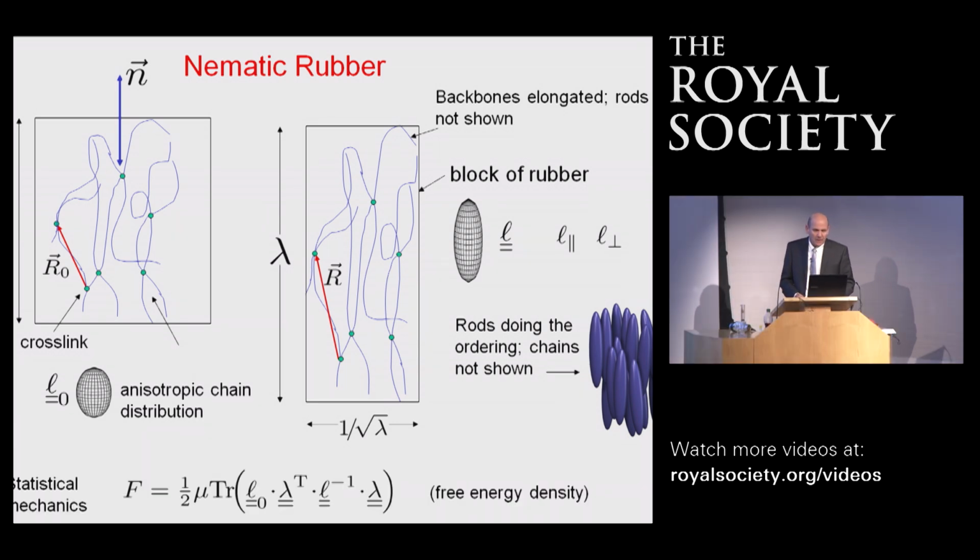So, now this work, as was said in the introduction, stemmed from a whole lot of theoretical physics. And I'm not going to harp on about the equations, but if there are people in the audience who are familiar with this sort of thing, then this is the free energy, which one can derive from statistical mechanics, and it's proportional to the square of the extension. And that is Hooke's law.